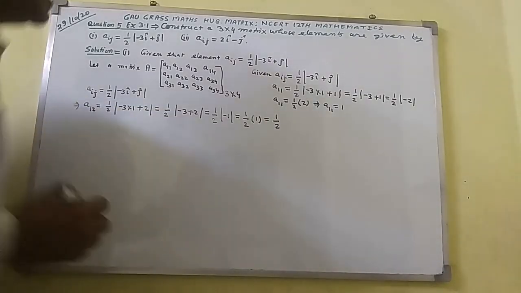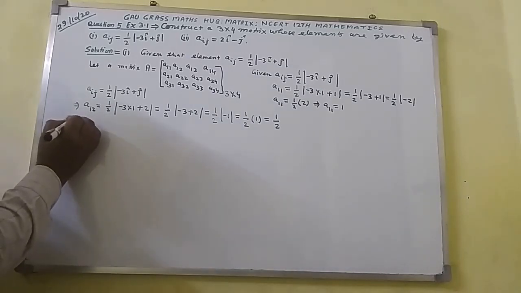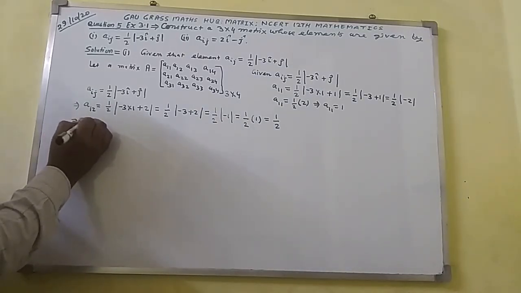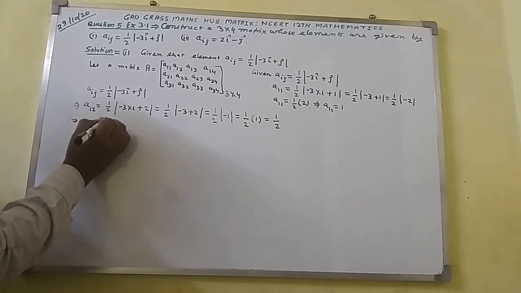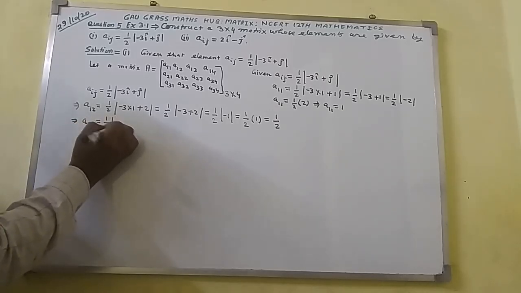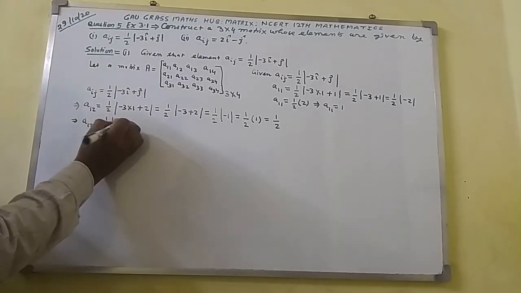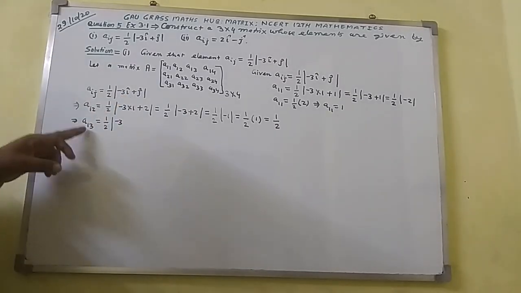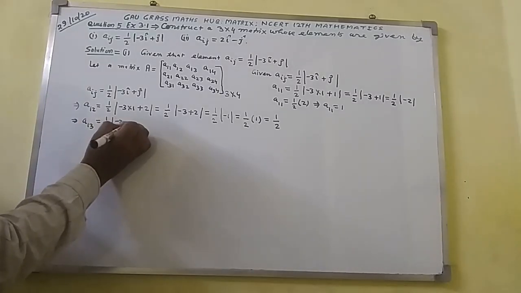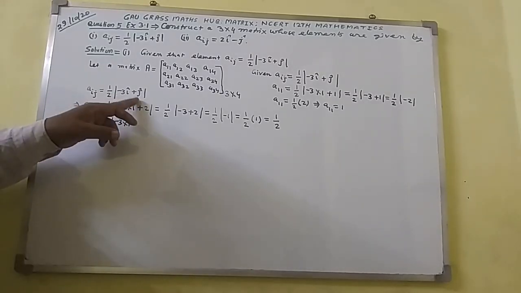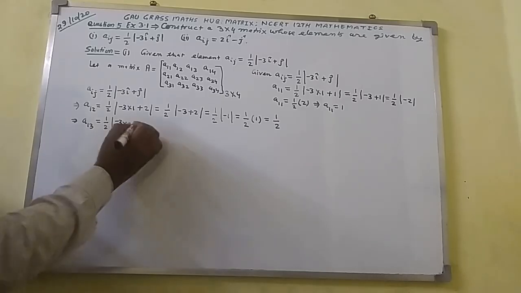Now the next element I shall take. Like this you will do. A13, 1 over 2 mod minus 3, in place of i I shall write 1, in place of j I shall write 3.